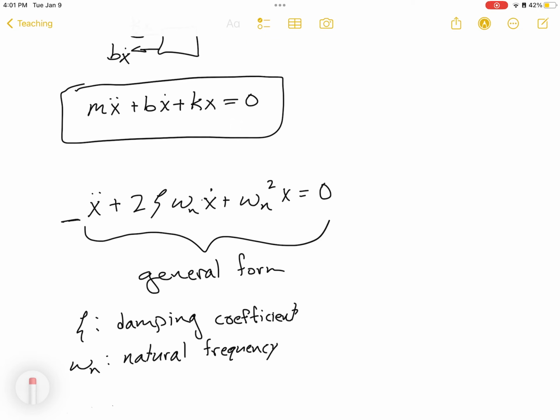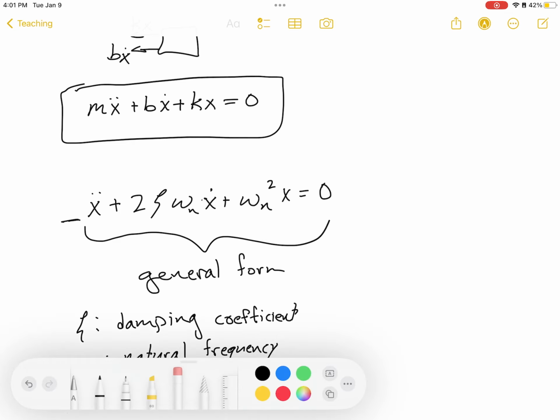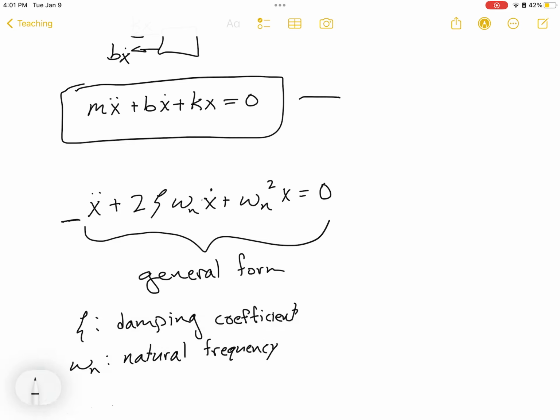And so to relate between the physical representation of the system and this analytical representation, we divide the mass out of the physical representation.